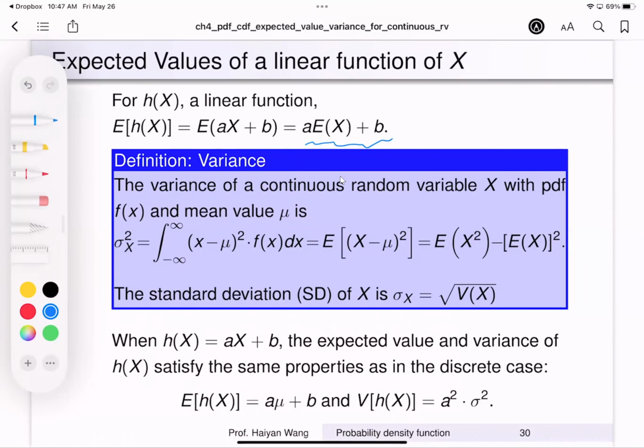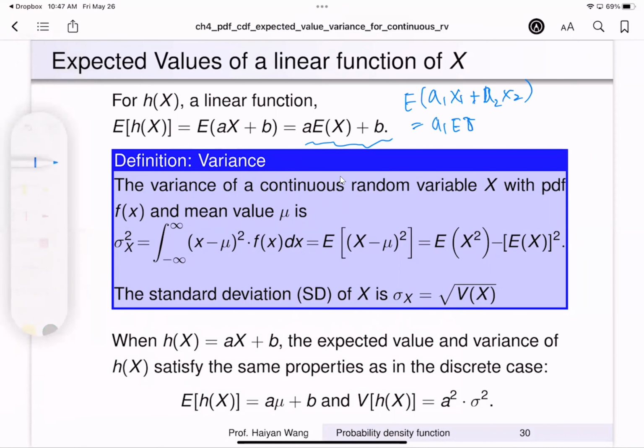Similarly, when we have two variables, for example x1 and x2, you also have a linear function a1 x1 plus a2 x2. And because of the linearity, if we compute its expected value, again it's the integration, but after we consider integration, the coefficients a1 and a2 can come outside of the expected value.